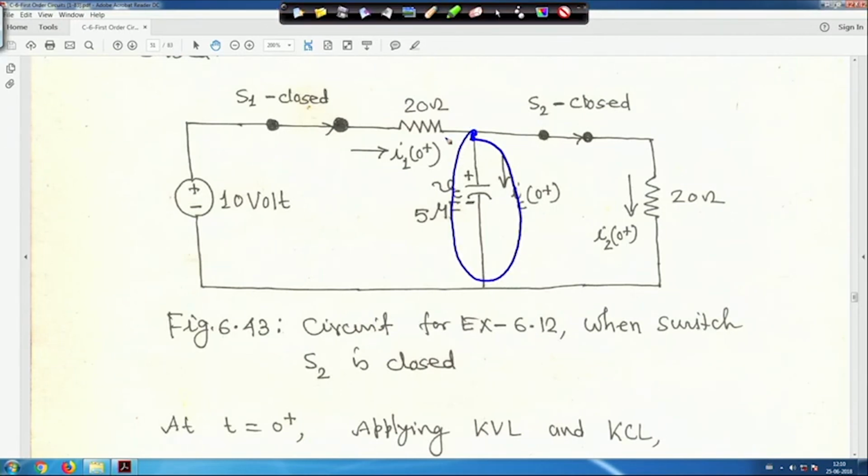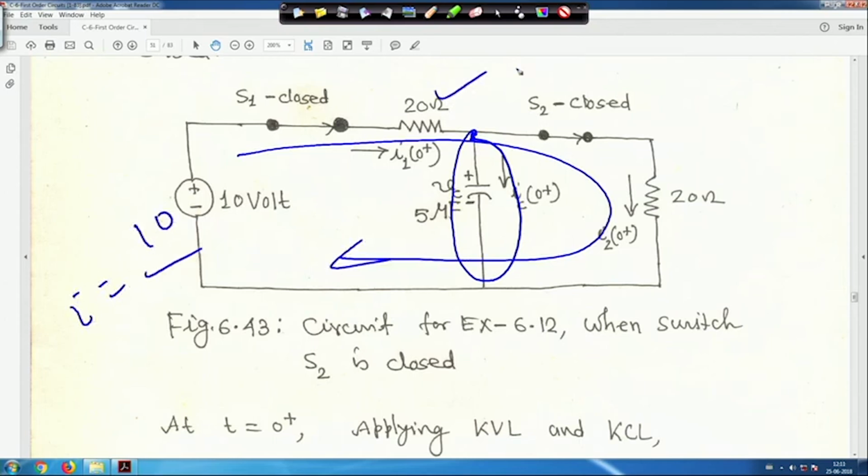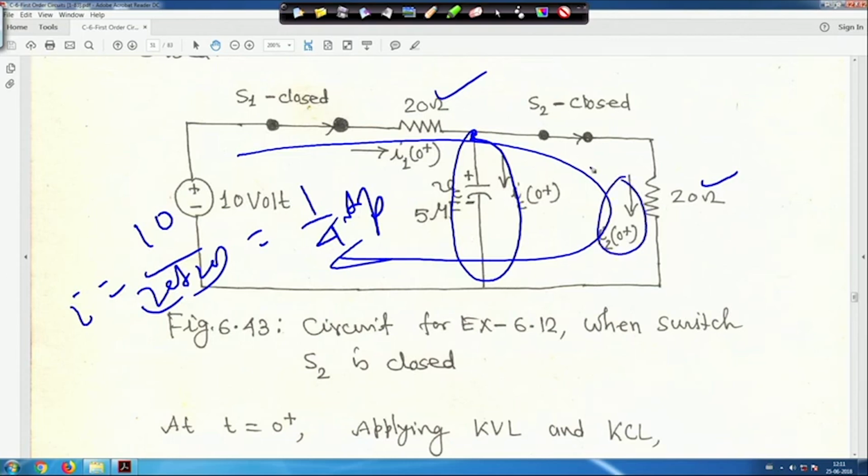Find out the current flowing through this: it is 10 by 20 ohm plus 20 ohm, so 20 plus 20 is 40, that is 1 by 4 ampere. This is the current flowing. At that time nothing else changes, it is a steady state, at infinity.